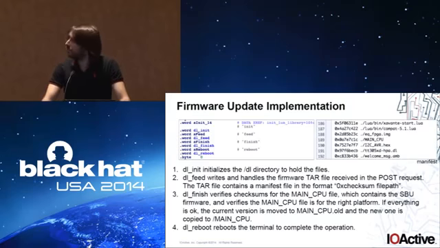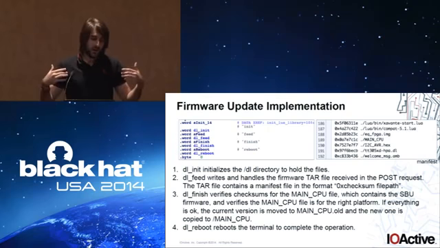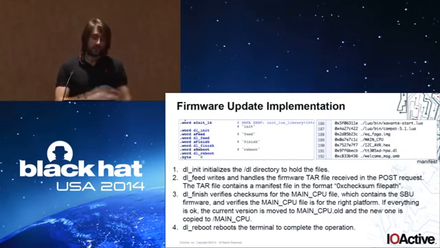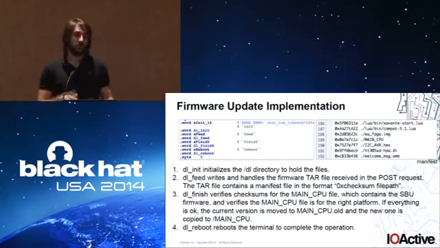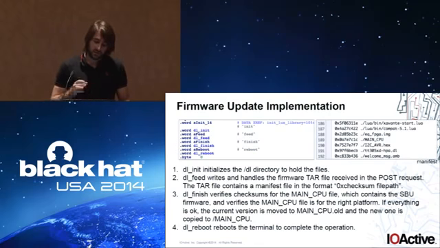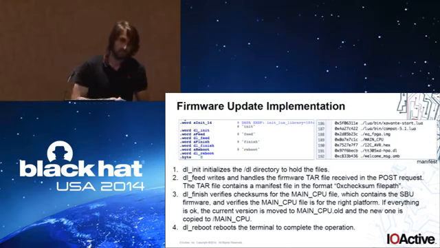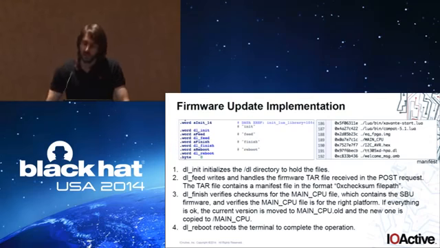If we look at the firmware to see how those functions have been implemented, the first one, DL init, initializes the DL directory to hold the files. Then DL feed writes the tar file you are sending in the POST request and handles that file. This firmware file should contain a manifest file in the form you can see in the picture, just a checksum, not signed, just verified by that checksum, and then a path.